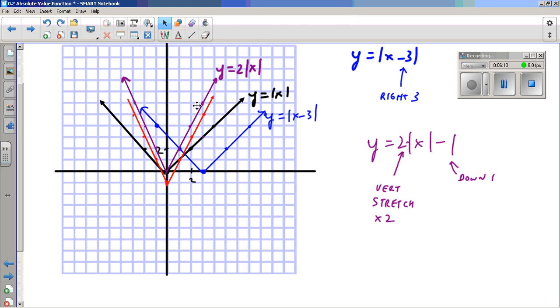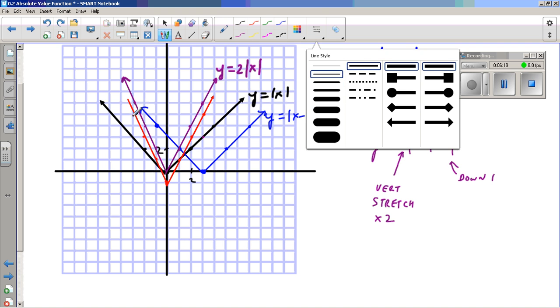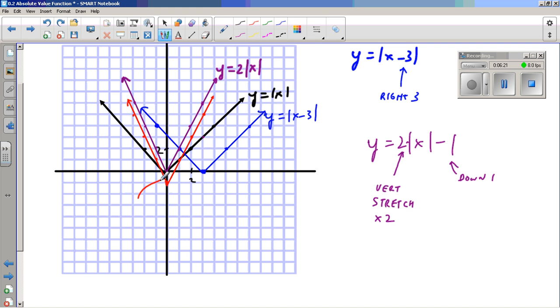So generally, that's what we do. And I'm going to have to just write this in kind of like that. That looks okay.